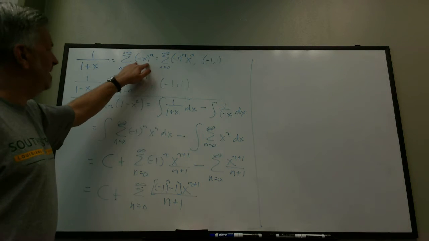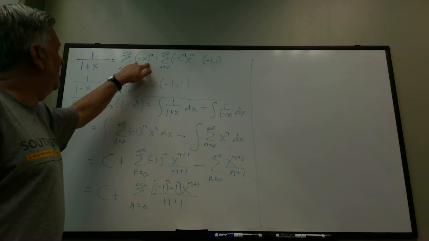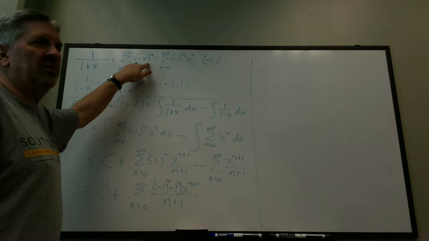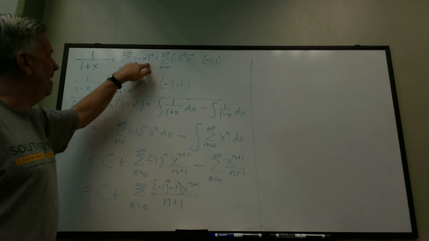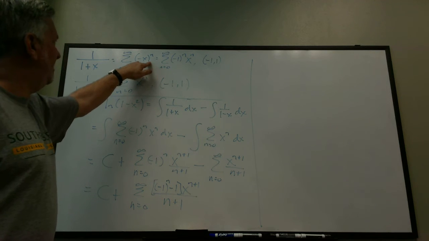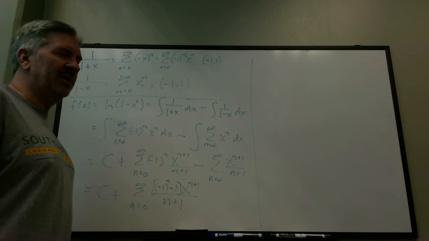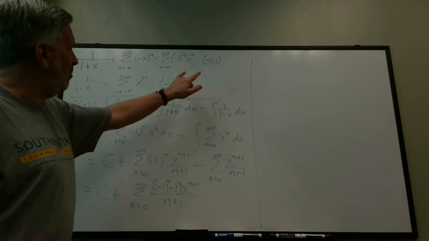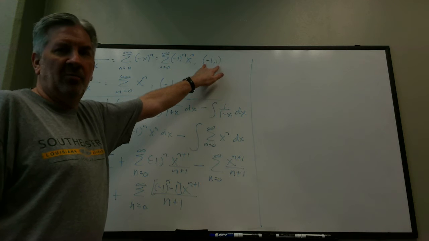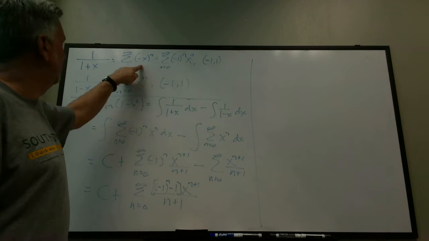Well, since r is negative x, remember geometric series converges when the absolute value of r is less than 1. So the absolute value of negative x is just the absolute value of x, and we need that to be less than 1. If the absolute value of x is strictly less than 1, x is between negative 1 and 1. So that's the interval of convergence for this series.